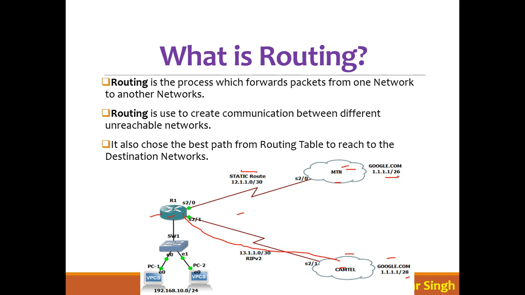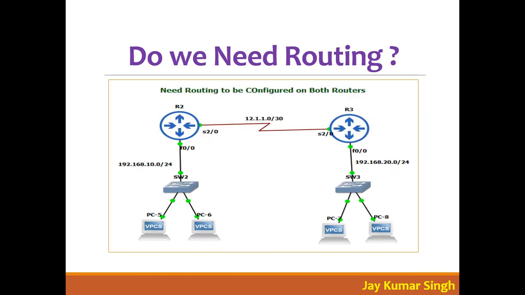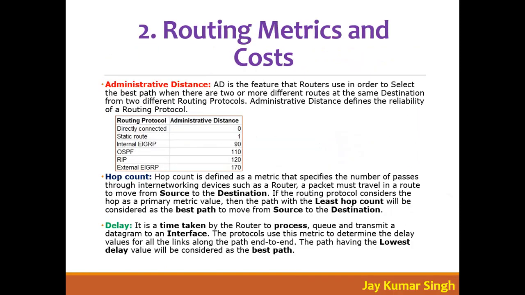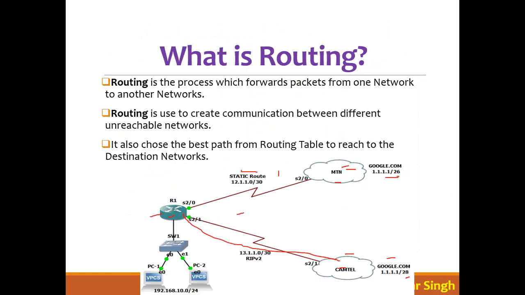The administrative distance of a static route is 1, and RIP is 120. Now tell me which is the best? Go with the static route.